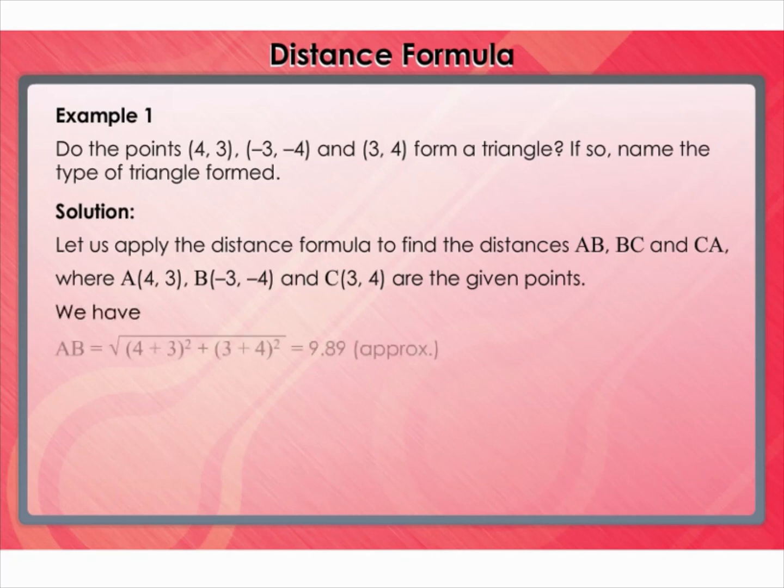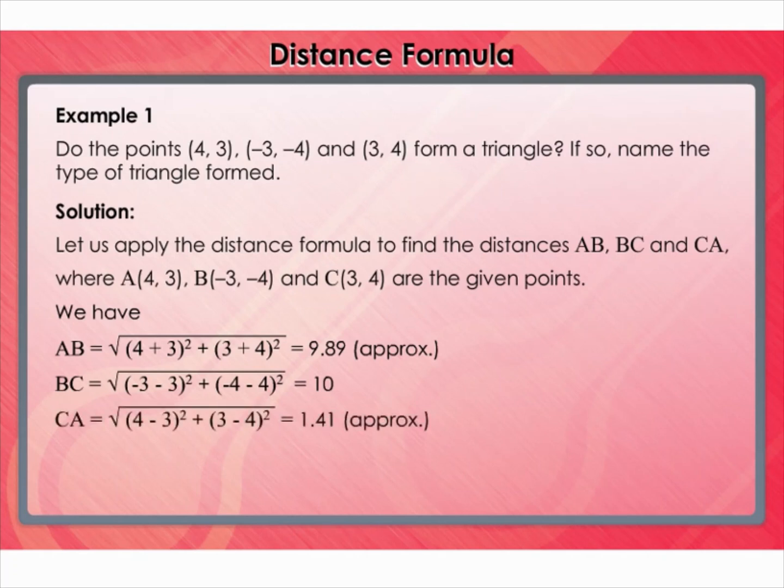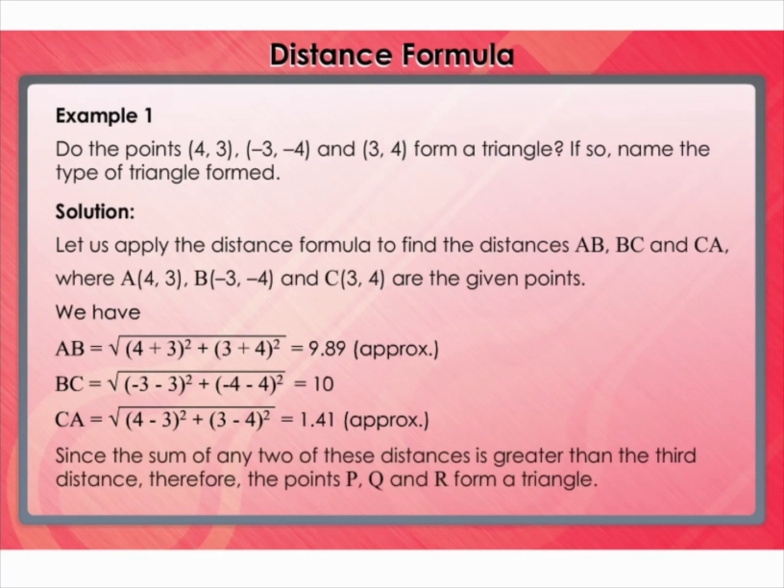We have AB is equal to 9.89 approximately, BC is equal to 10, CA is equal to 1.41 approximately. Since the sum of any two of these distances is greater than the third distance, therefore the points A, B, and C form a triangle.